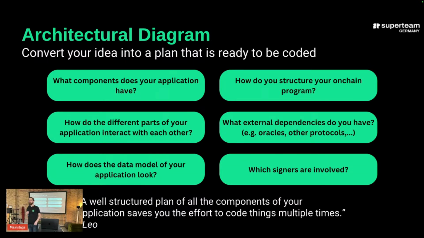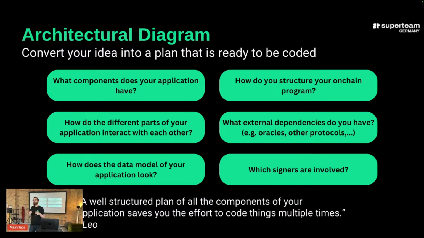And I think, especially when you start to code in Anchor and in Rust and you structure your program, there's a lot of accounts you have to put in every instruction and a lot of complicated stuff going on.